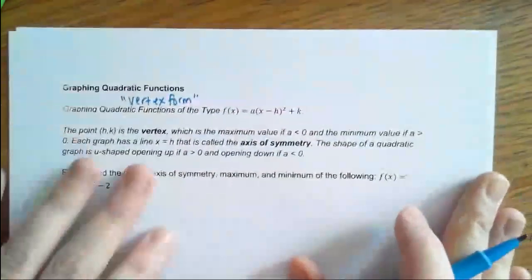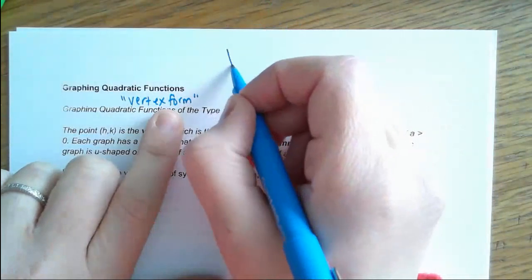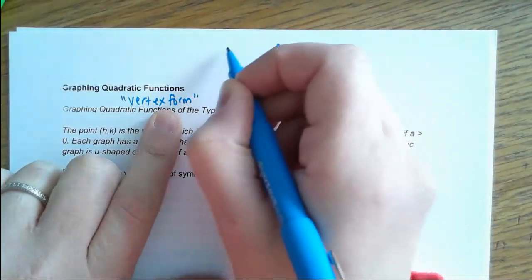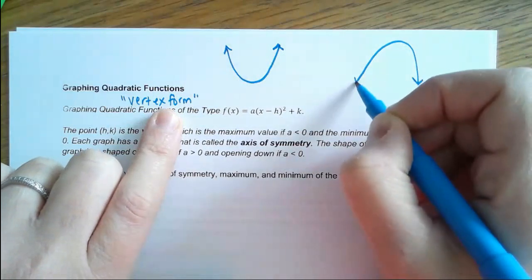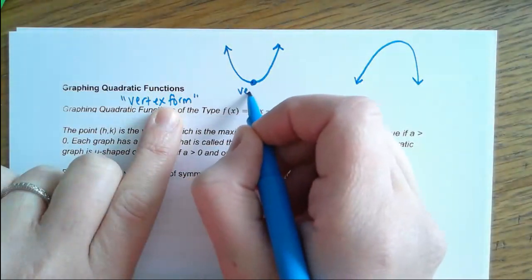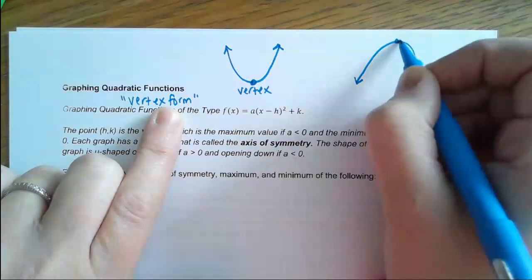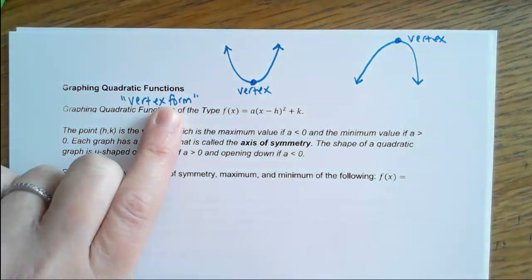And actually, the reason why we use the word vertex is because when we graph our quadratics, they're either going to look like this, they're going to face upward, or they're going to face downward as a U. And this lowest point here is called the vertex, or in this case, it's your highest point. It's called the vertex, that center point.